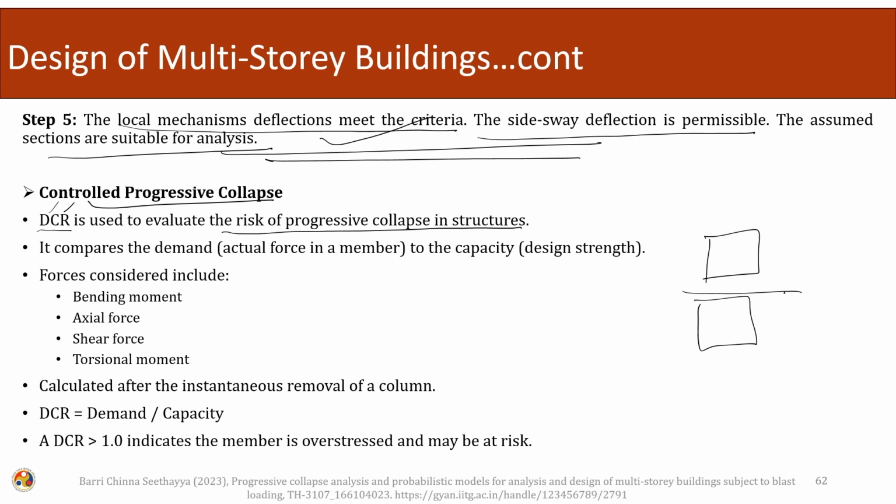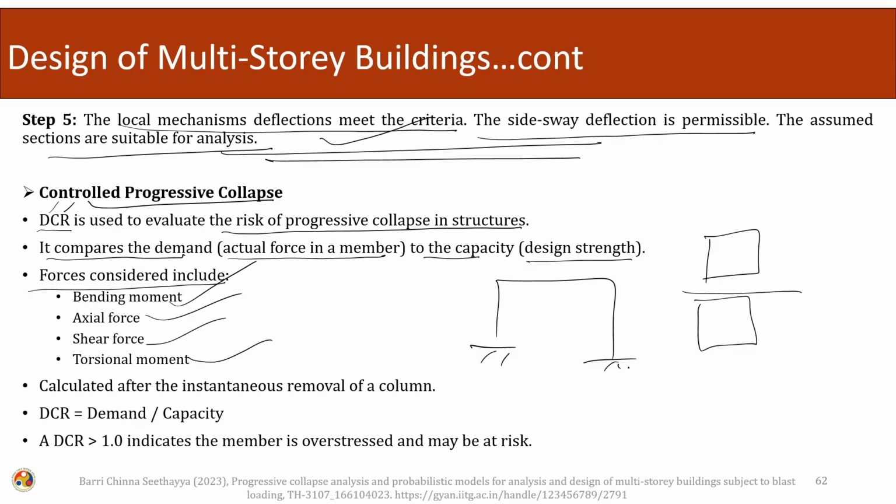It compares the demand, the actual force in a member, to the capacity, that is the design strength. The forces considered include the bending moment, the axial force, the shear force and the torsional moment. We can have a configuration of a structure, and one by one remove the column.